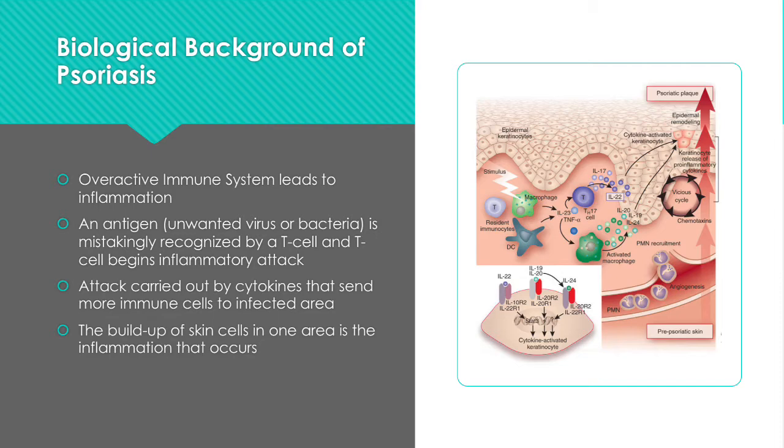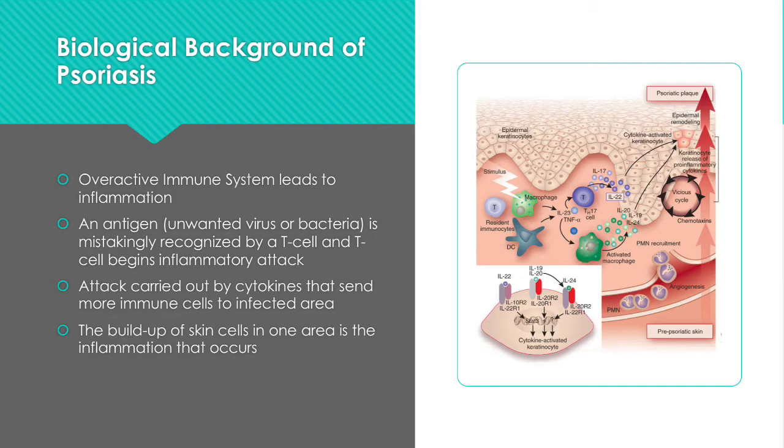This attack is carried out by the cytokines that send more immune cells to the infected area. The buildup of skin cells in the area is why the inflammation occurs and why you see the patchy skin.